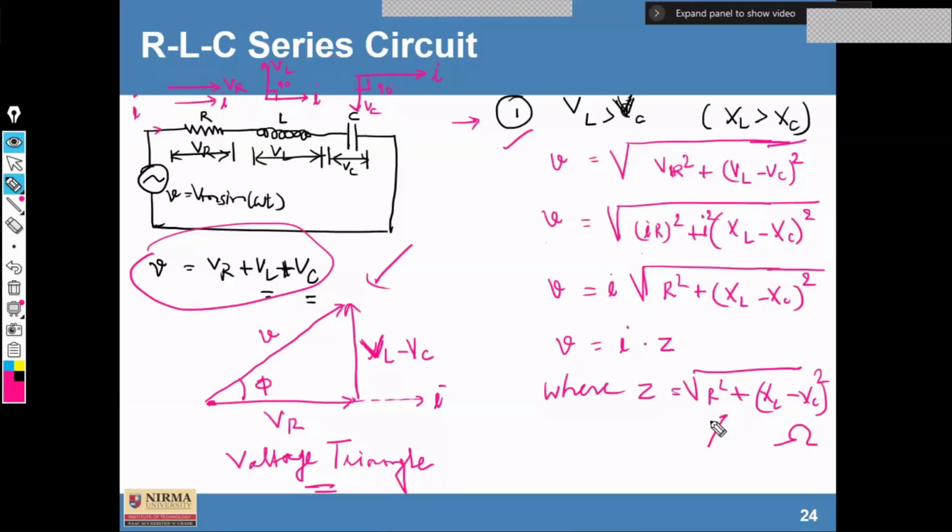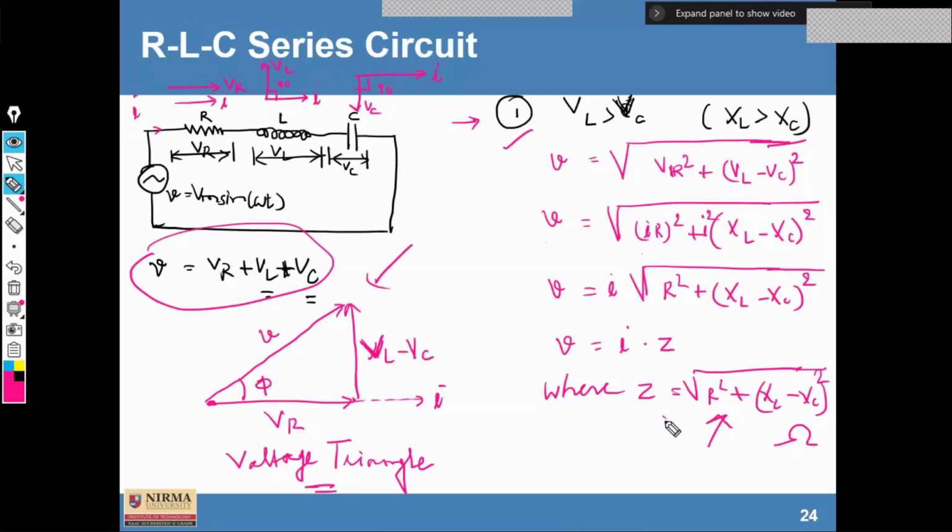This impedance is similar in case of VC greater than VL, because here it will be XC minus XL, but ultimately there is a whole square, so the answer will be the same in both the cases. So impedance will remain the same, fine. Either changing the different values of XL and XC, the behavior of the circuit is going to be changed, correct?